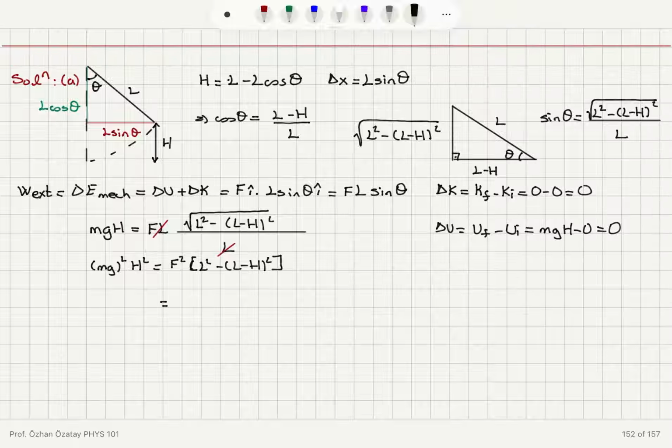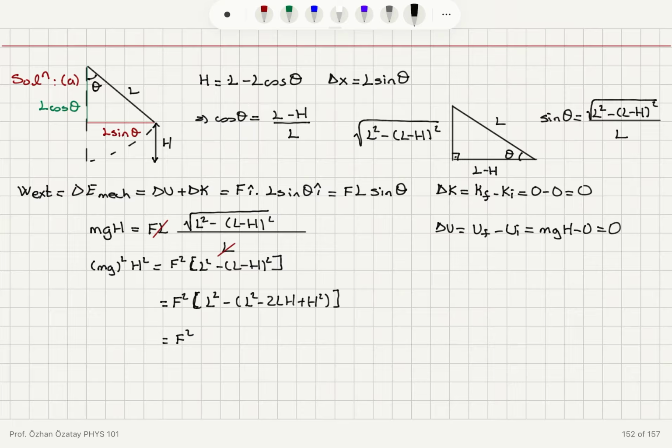If I open up (L minus h) squared, I will have L squared minus 2Lh plus h squared.